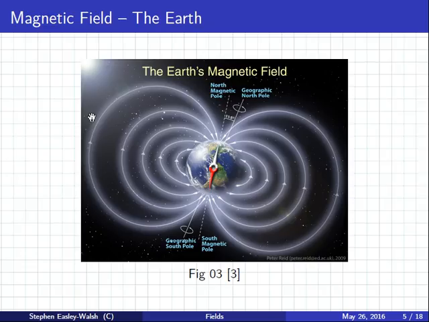Now apparently some people are supposed to be able to feel this, but I don't think that's true. I've heard stories where some people are supposed to feel which direction is north from the magnetic field, but I don't think that's true. I've yet to meet someone who says they can do this.